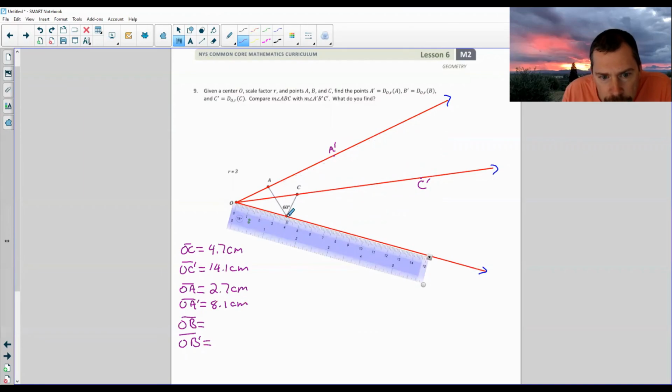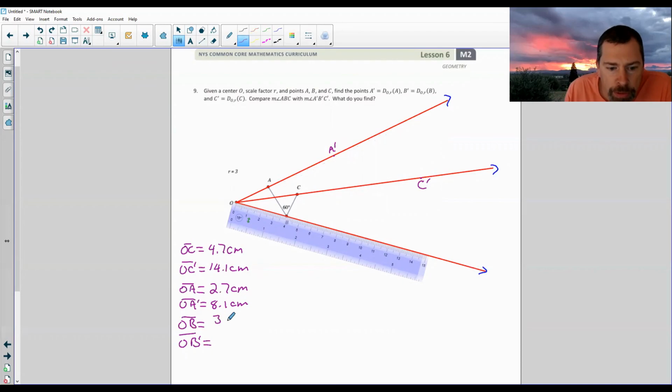OB is, well, now that I've rotated, I'm off a little. Let me just move this right there. OB looks like between 3.9 and 4. Let's call it 3.9.